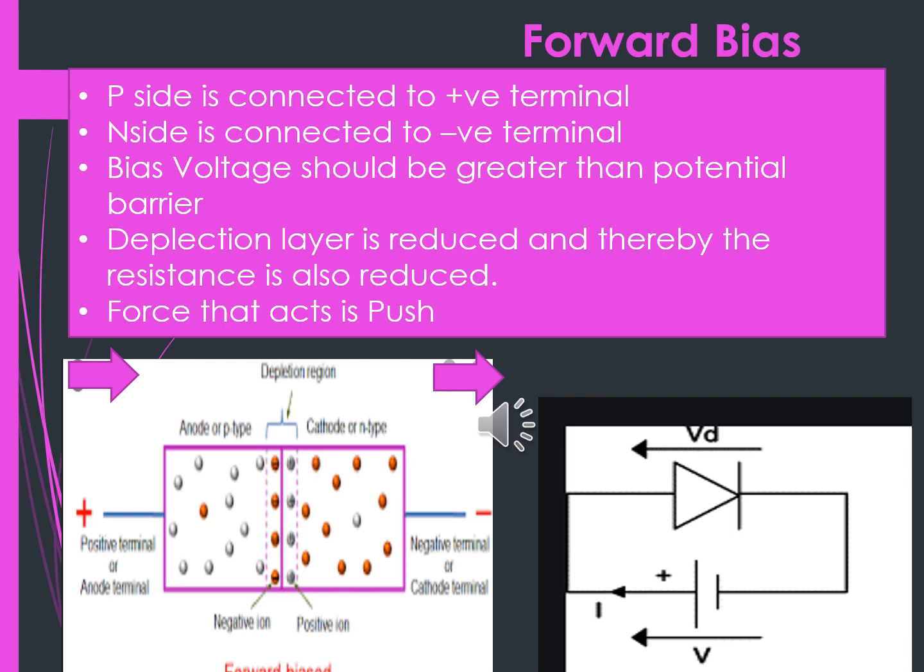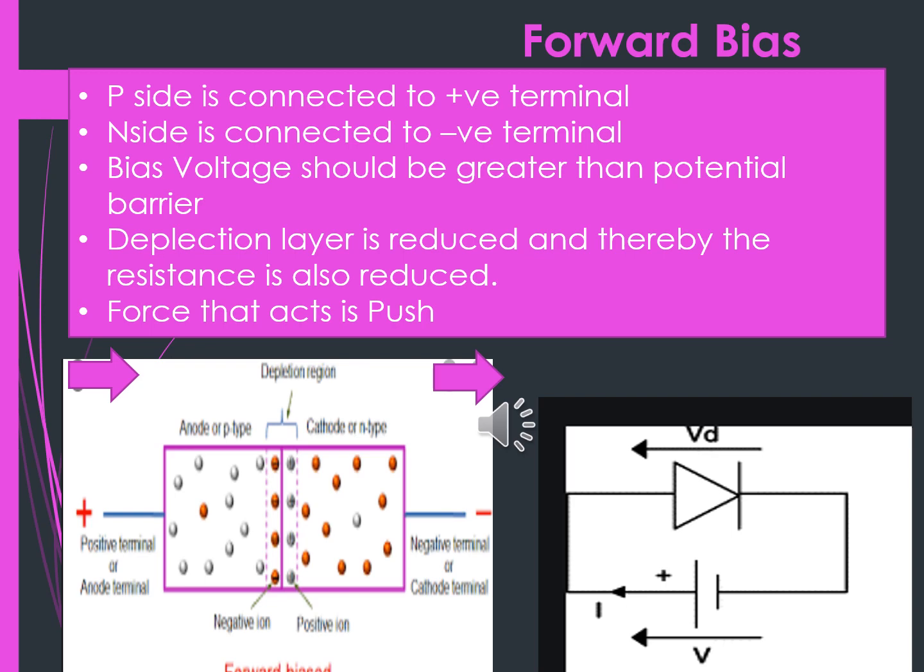So in forward bias, to get a current, the battery should be greater than the potential barrier. Once it is greater, only then the majority carriers move across the junction and there will be a flow of current.